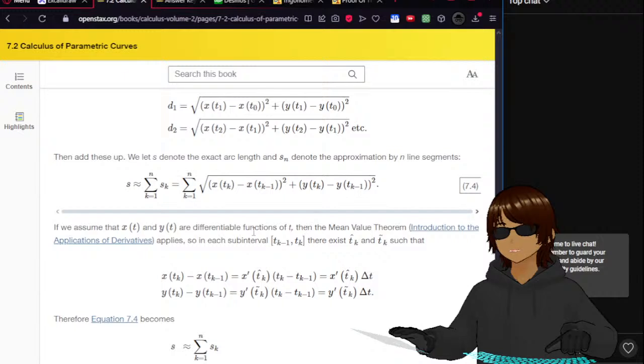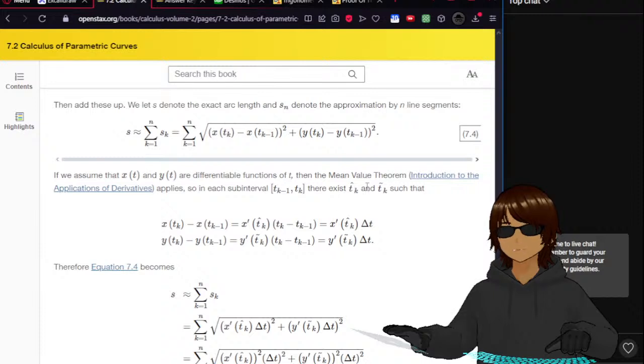Then the mean value theorem applies. So in each subinterval there exists t hat, and wait, one is for x, one is for y. So t hat and then another t hat such that. Right.